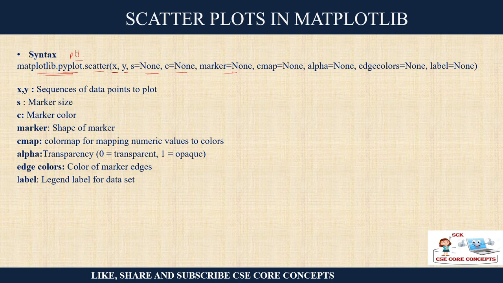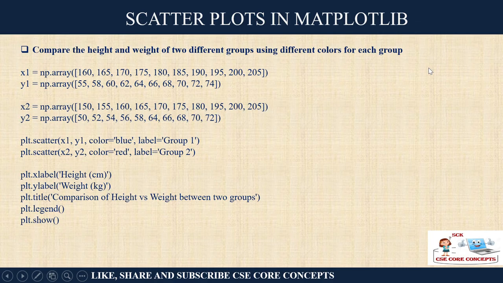Marker is the shape, like a square, a rectangle, whatever. cmap is the mapping of values to various colors. Alpha is the transparency. Then edge colors, that is the marker edge colors, and a label, which is for the legend.